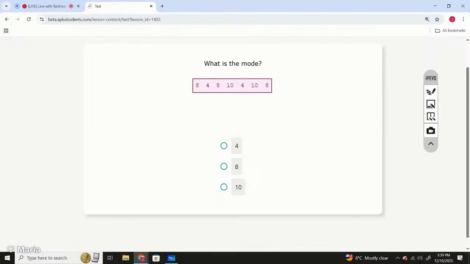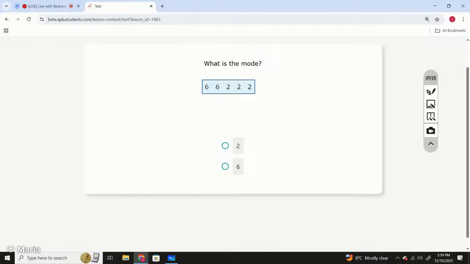What is the mode? Mode is the number that appears the most of the time in the given data. So the mode is 8 because it appears the most of the time in the given data.